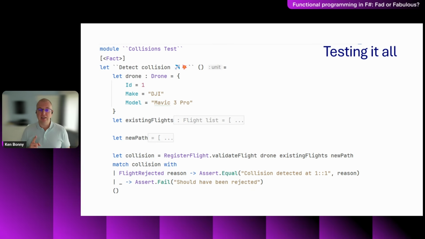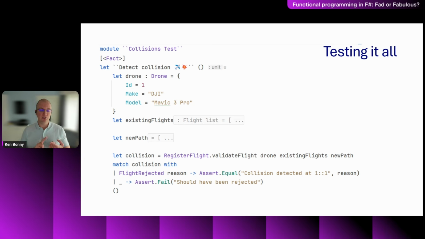F sharp has a last feature that I want to demonstrate that is very nice for automated testing, and that is you can put any text in between back quotes, and it will be a valid identifier for an object or a function or anything. And you can put all you want in between those backticks.